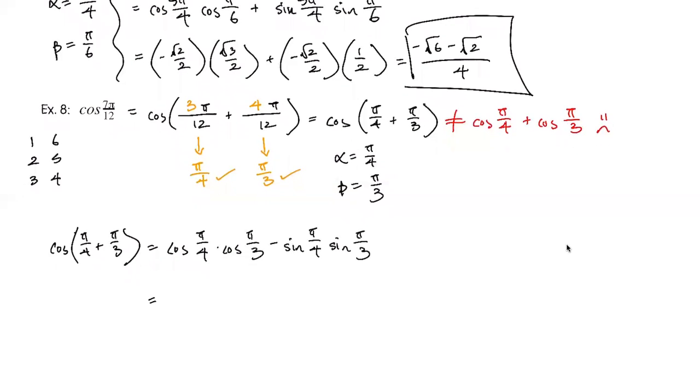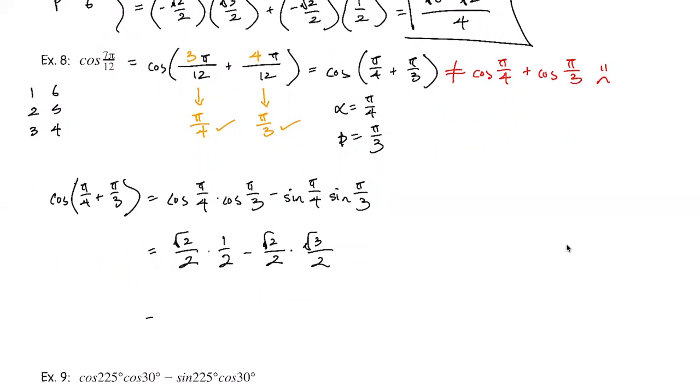And we go to our handy dandy unit circle. We grab some values from there. And we simplify. We should end up with something like that.